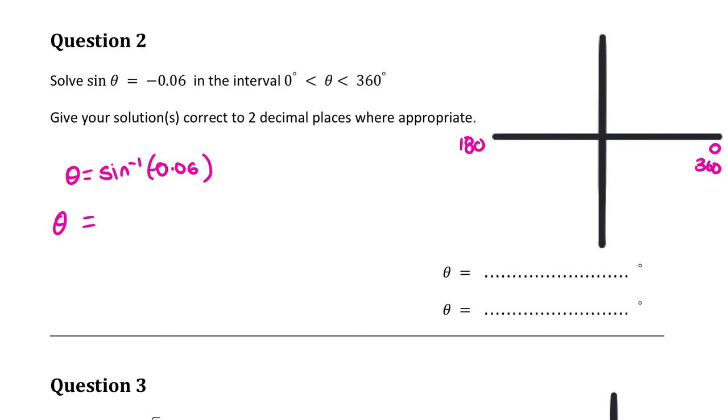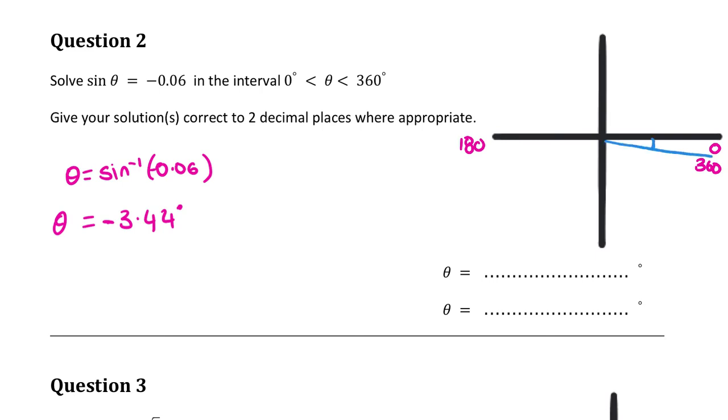I'm going to get minus 3.44 degrees, to 2 decimal places. Now, where would I draw minus 3.44 degrees? Probably literally be here, wouldn't it?